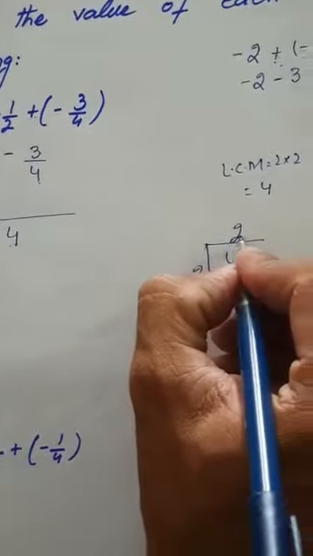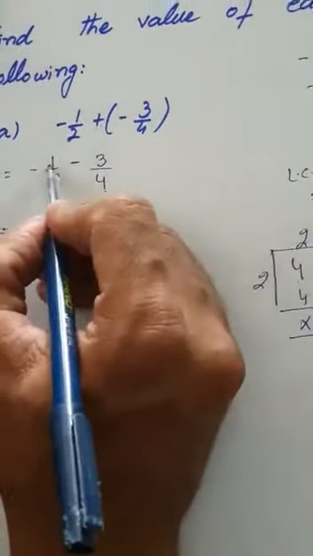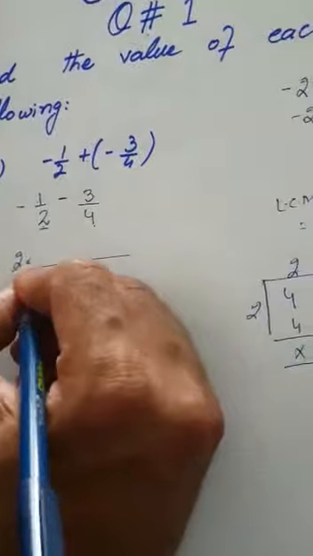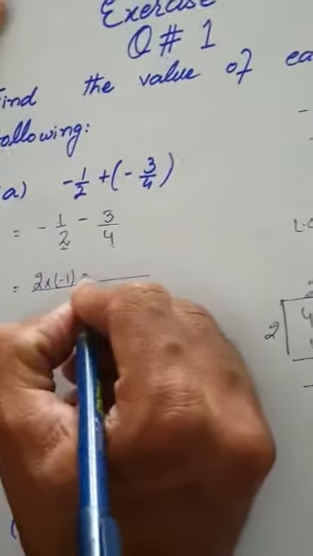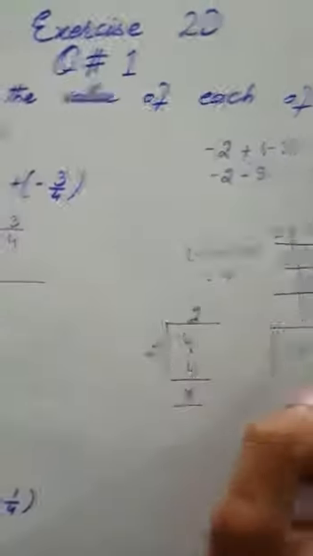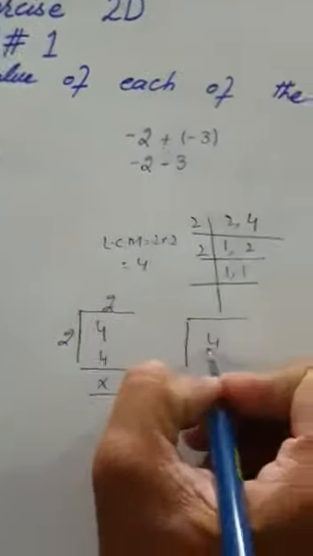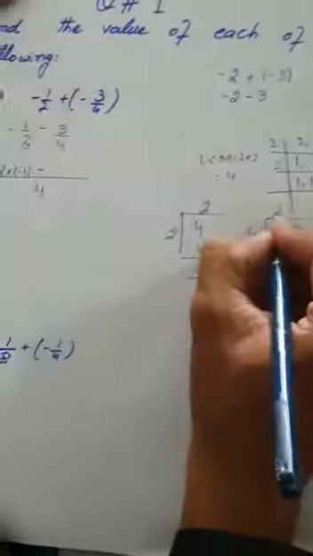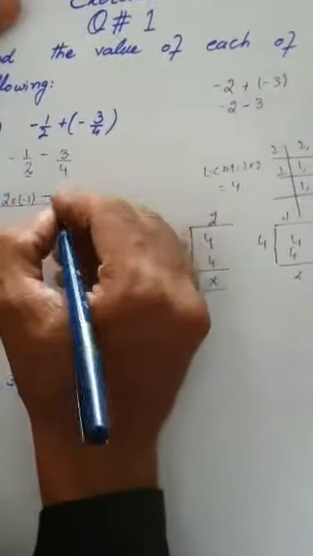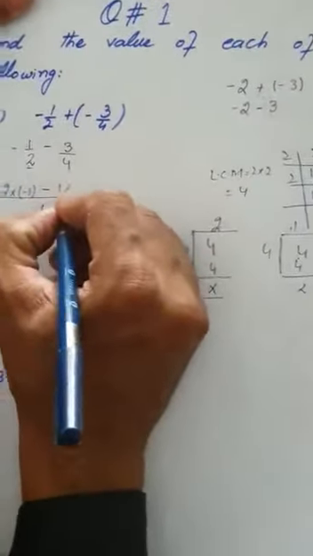Now this 2 will be multiplied by this minus 1, so 2 into minus 1, the minus symbol will be written as it is. Now this 4 will be divided by this 4, so 4 ones are 4. This 1 will be multiplied by this minus 3, so 1 into 3.